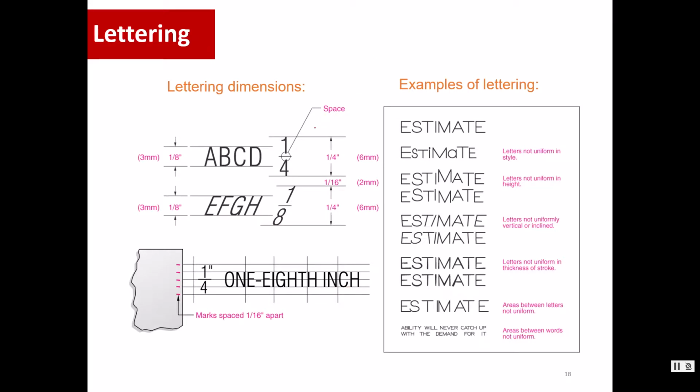Again, these are some examples of lettering, where you can see guidelines given so that we can properly write the letters one by one neatly. So this is the standard for it.